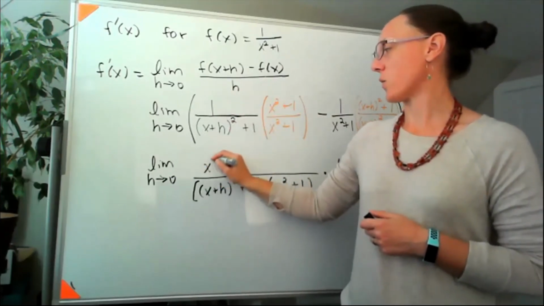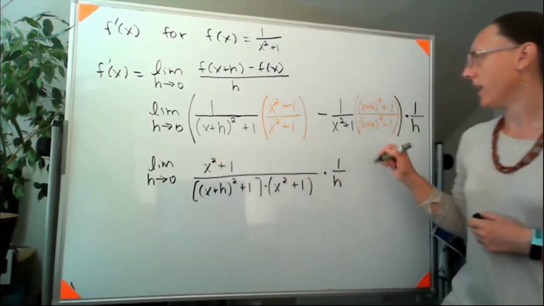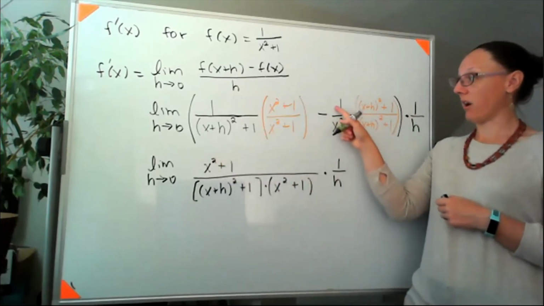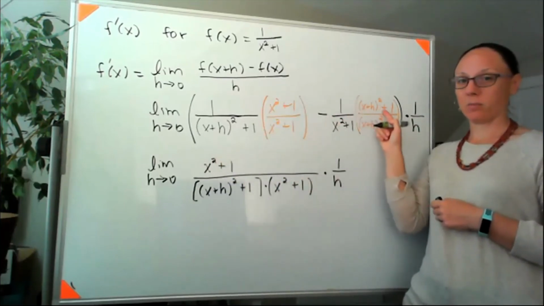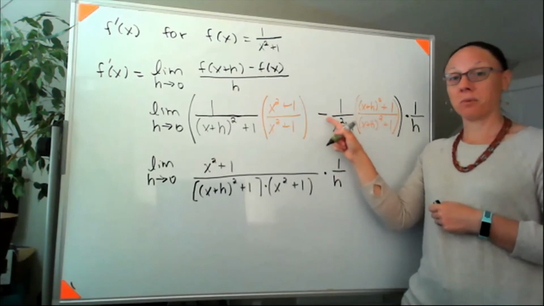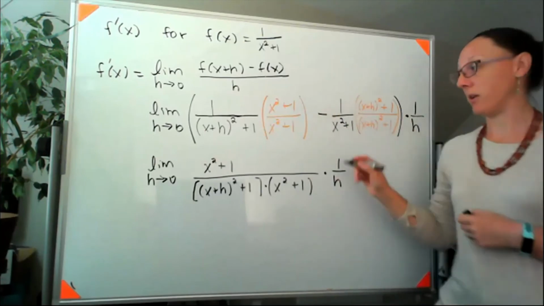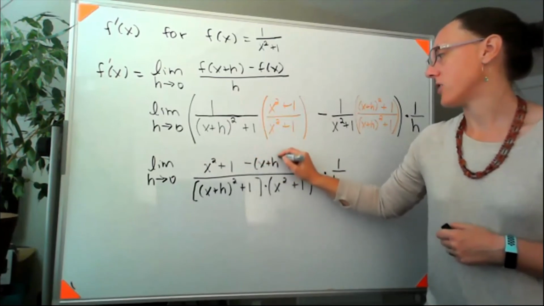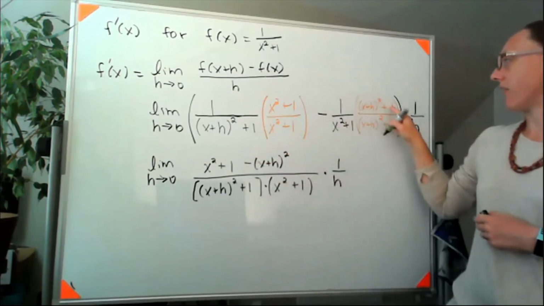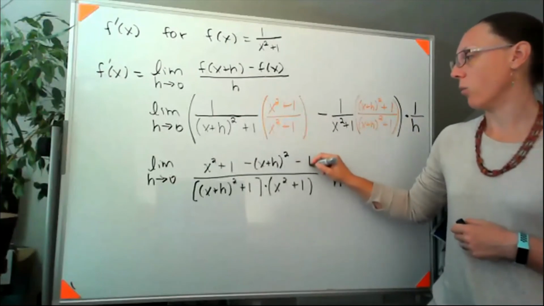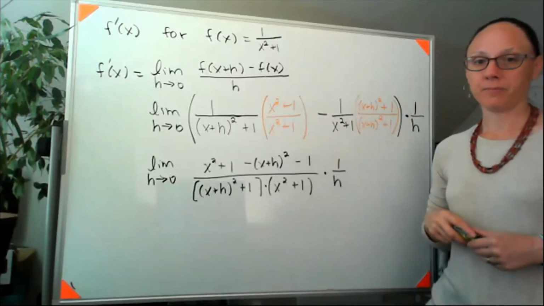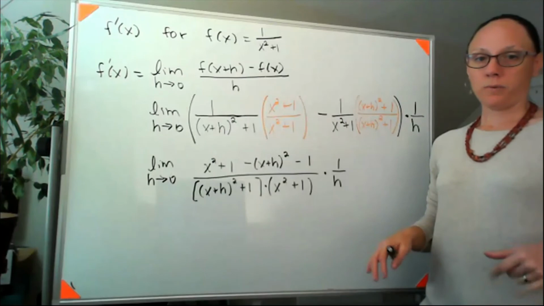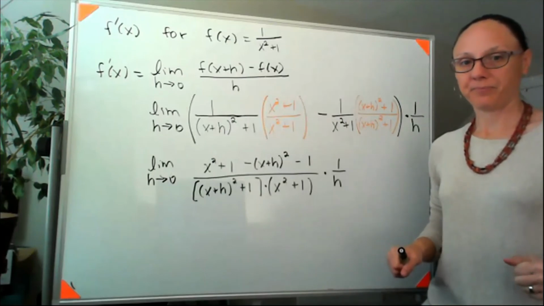So I'll have x squared plus 1. And here I've got negative 1 times that (x plus h) squared plus 1. So I'm going to take that negative and distribute it. So I'll have minus (x plus h) squared and then minus 1. We're getting close.